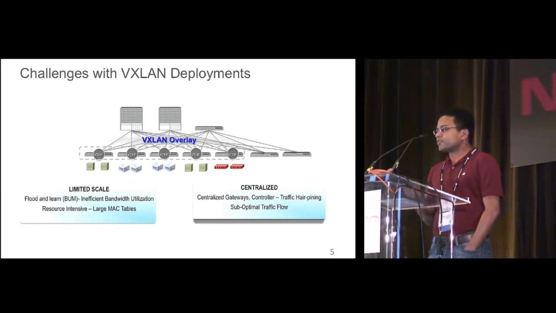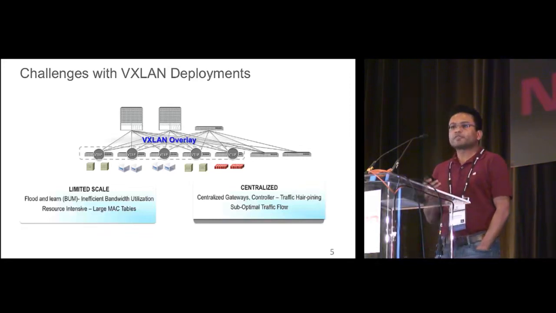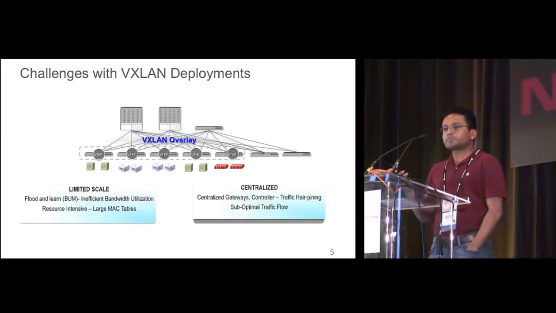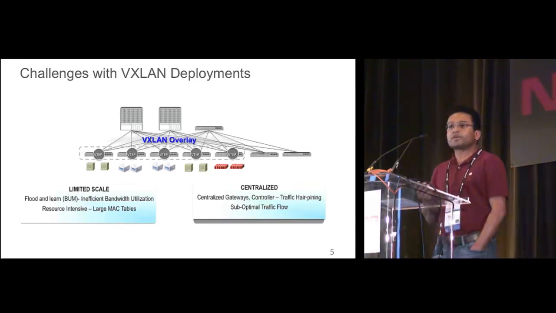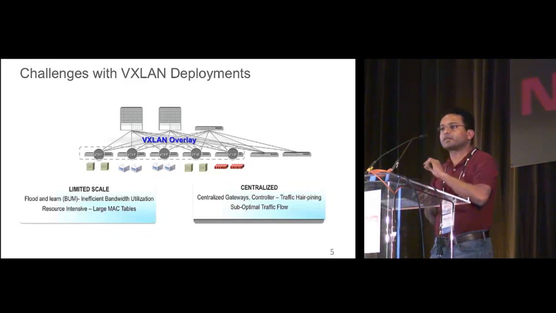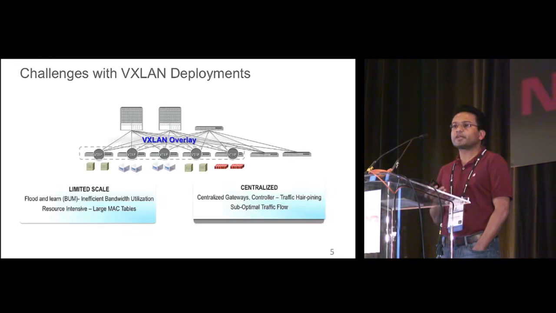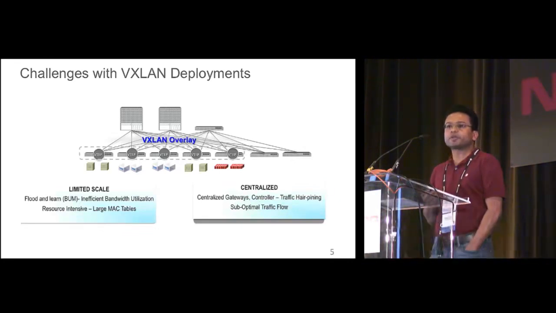Another important factor is the centralized gateway. In basic VXLAN flood and learn, the VTEPs or VXLAN tunnel endpoints act as L2 gateways, whereas the default gateway is centralized in a core or an aggregation layer, or it may be a spine. So it is multiple hops away from the host. This leads to suboptimal traffic flows as well as traffic hairpinning in the case of VM mobility.